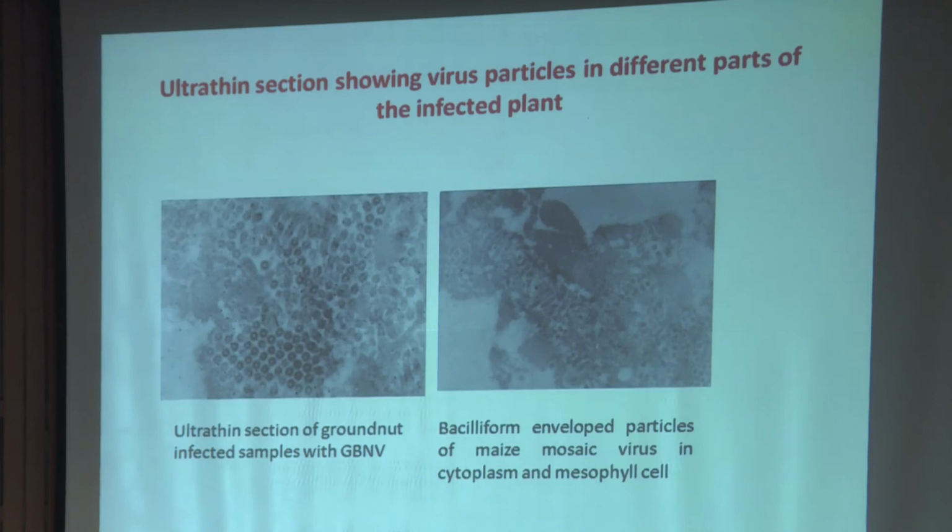And again, we are also using ultra thin sectioning for the location of virus in the plant tissue. If you cut the section, you will find the different locations like mesophyll cells and other cells, and under the electron microscope you will find these particles at different locations of the virus.